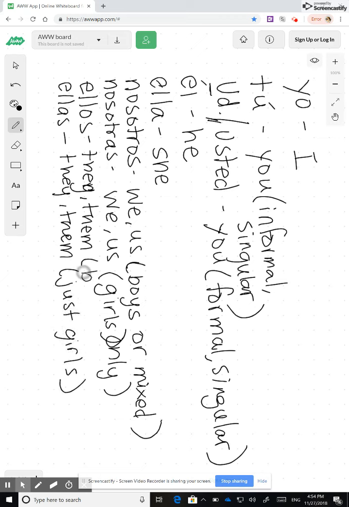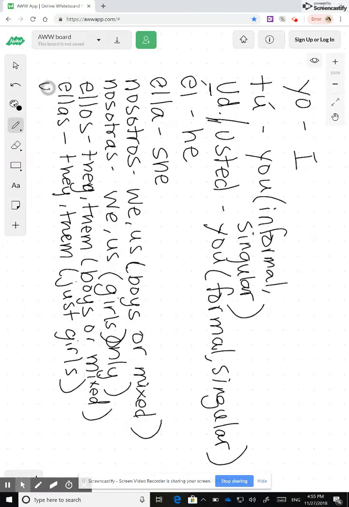This one is boys. I'm going to say boys or mixed boys and girls. So even if we have a big group of girls and there's one boy in the group, it's going to be ellos. If we have only girls, it's just going to be ellas. So this is if you're talking about more than one person, you would use either ellos or ellas depending on the gender of the people.